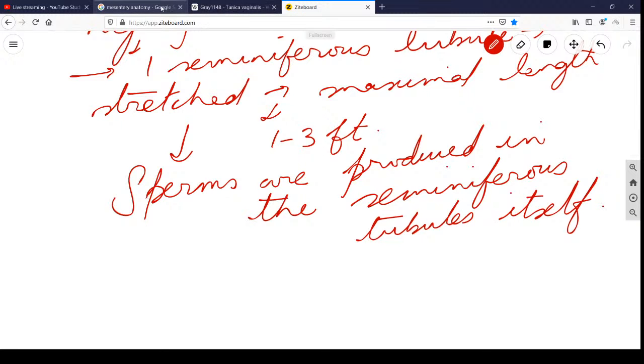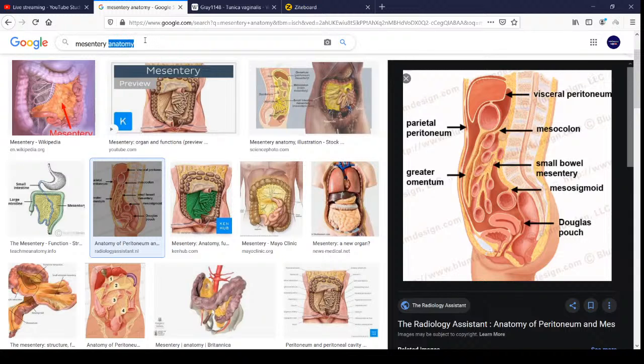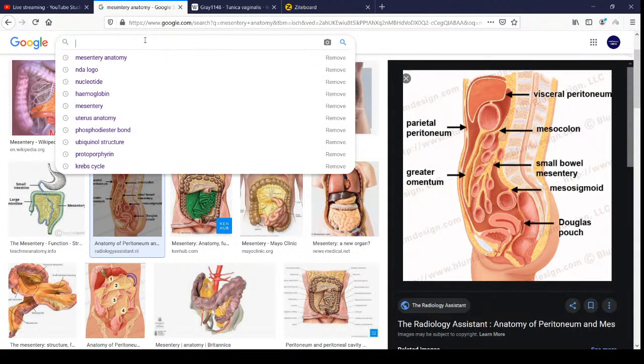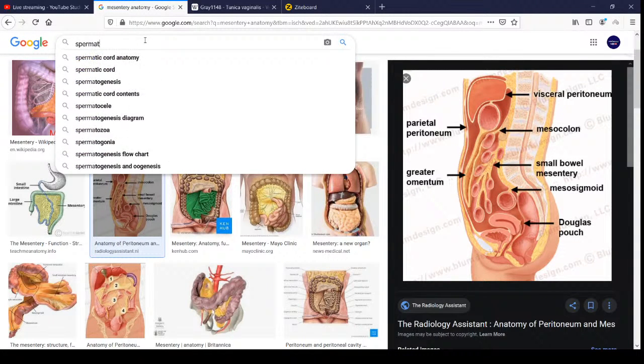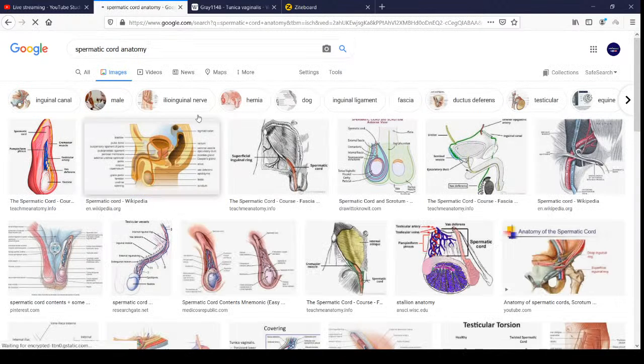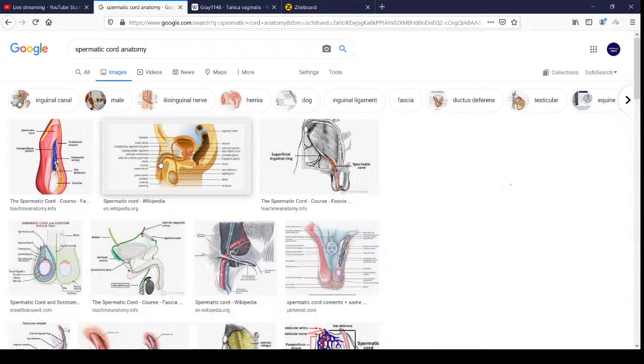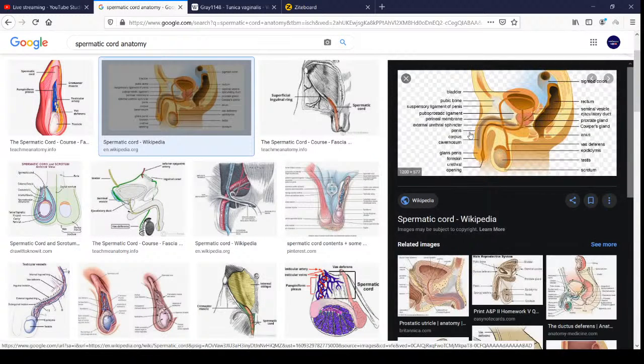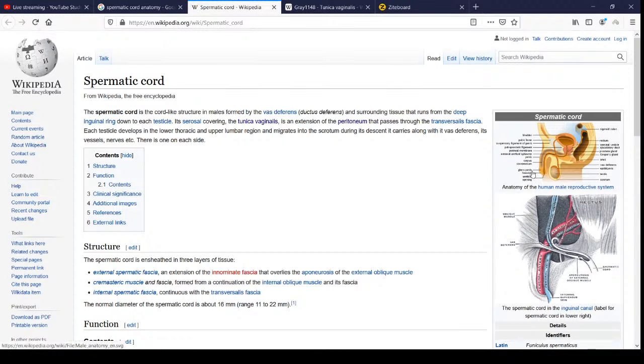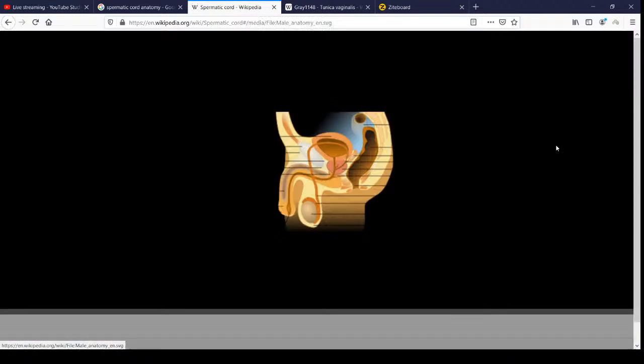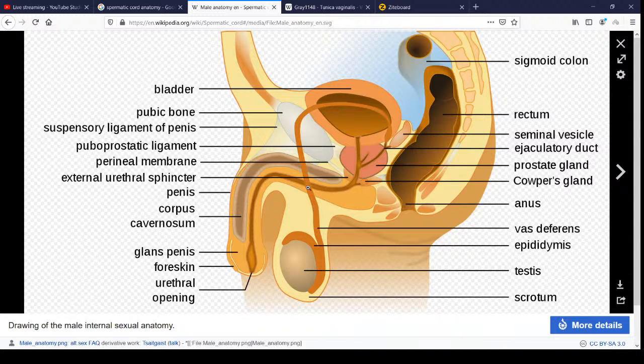You'll be amazed. This is only present in males, right? The spermatic cord. Male and female anatomy difference, if you see. So this is your spermatic cord. Just look at this one.